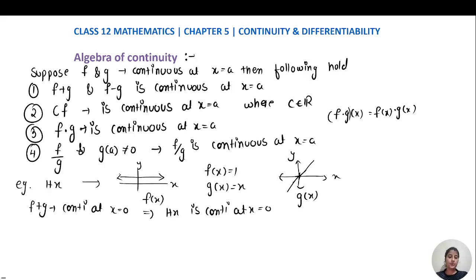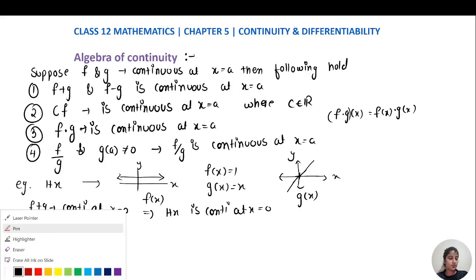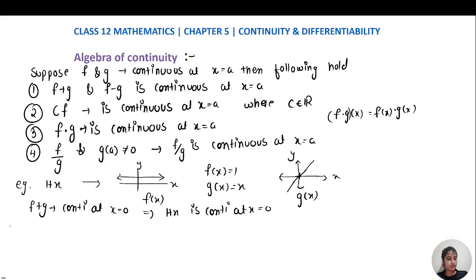Now, let's do some geometric interpretation of continuity. So what is the geometric interpretation of continuity?